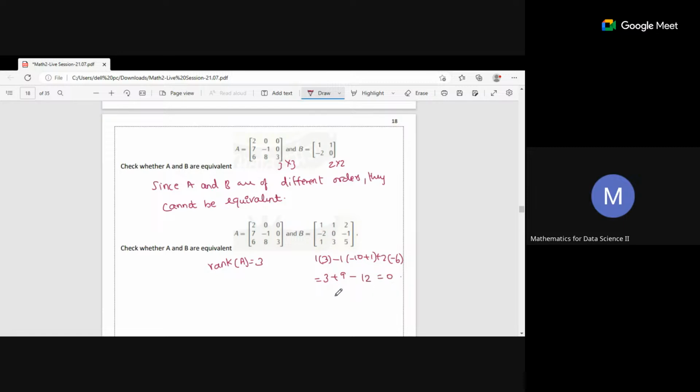Yes. So here rank of A is 3, but rank of B is not equal to 3. So the matrices have different rank. So what can we say? What is the result? Whether A and B are equivalent? What is the answer? No. So A and B are not equivalent.